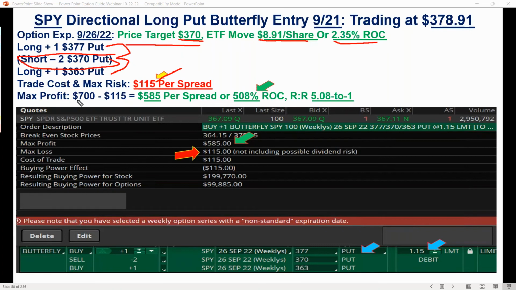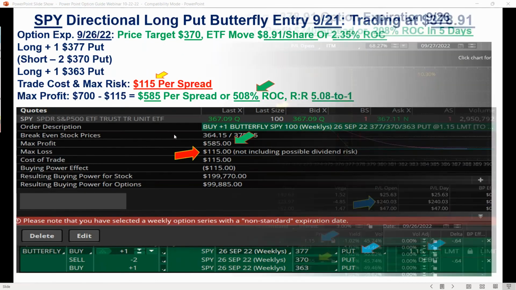Your potential profit is 700 minus your 115, so a theoretical 585. So you could theoretically make a 508% return on this versus here, you would have only made 2.35%. That's the beauty of spreads in general, but especially this butterfly combination.